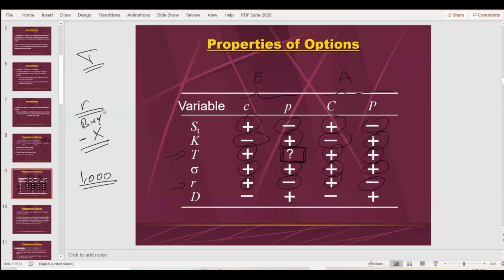Usually you will leave this $1,000 invested at the risk-free rate. So if the risk-free rate is high, this means you are making 10% on that $1,000. The earlier you exercise, the earlier you end up paying that $1,000. While with the put option, it's the opposite, because you will end up receiving X, the strike price.